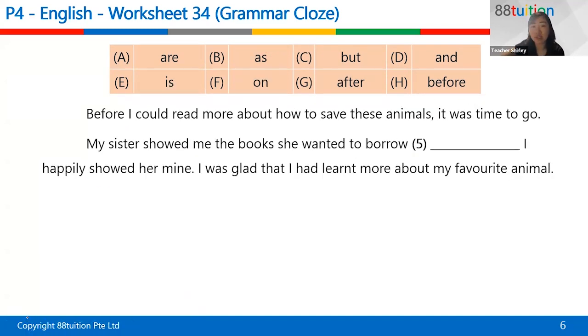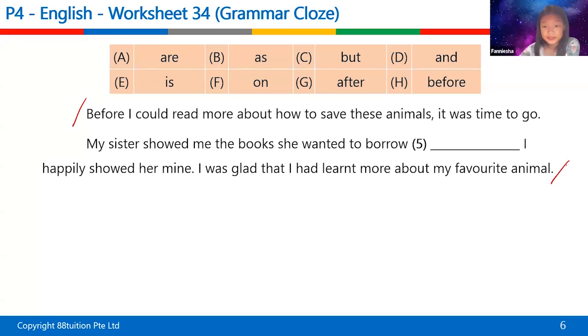Okay, let's go back to Phoenicia. Before I could read more about how to save these animals, it was time to go. My sister showed me the book she wanted to borrow, and I happily showed her mine. I was glad that I had learned more about my favorite animal. Okay.